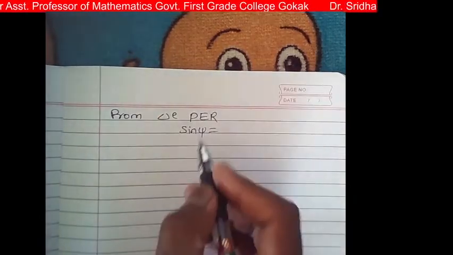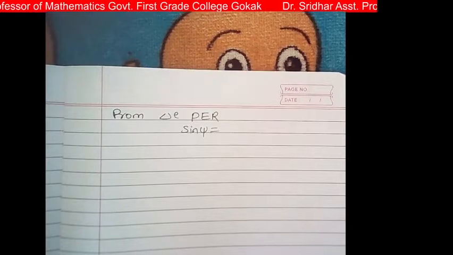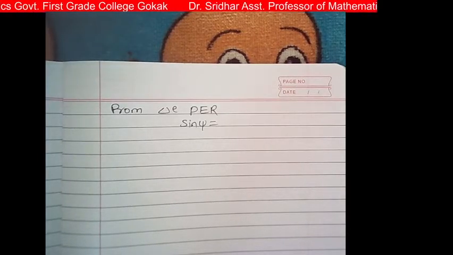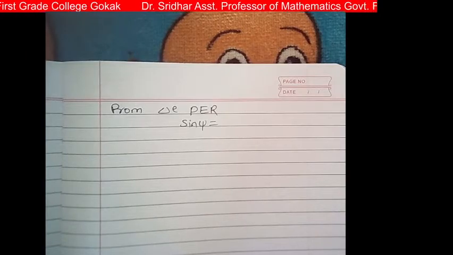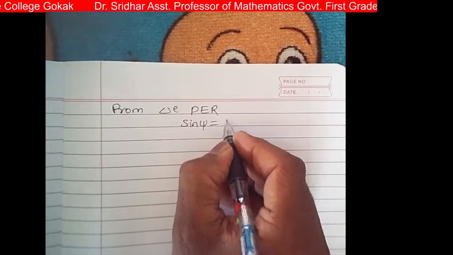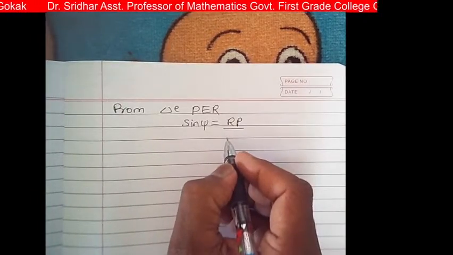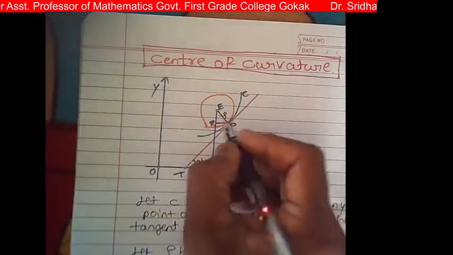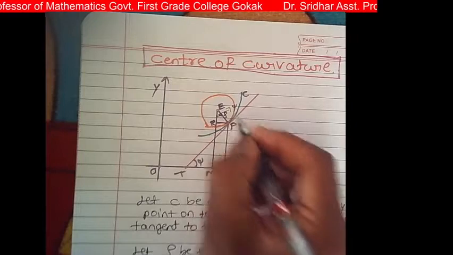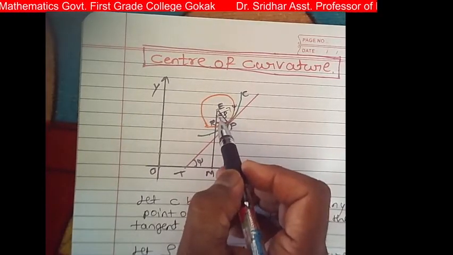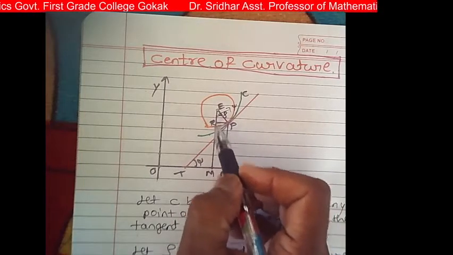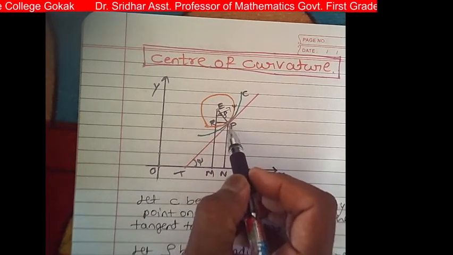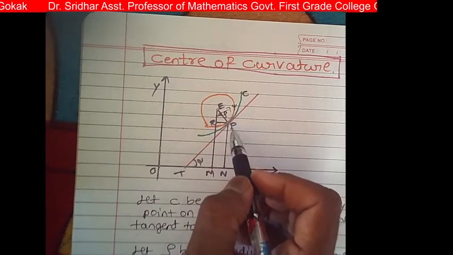Sin is opposite by hypotenuse. Opposite means RP, divided by hypotenuse, that is EP, and EP is rho.